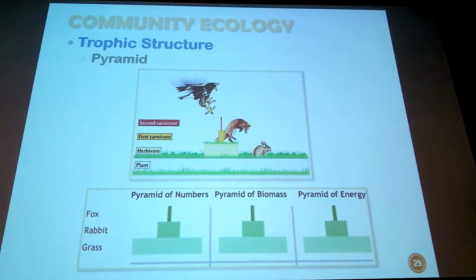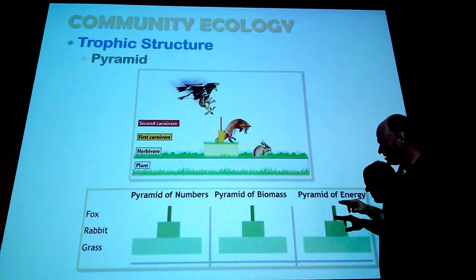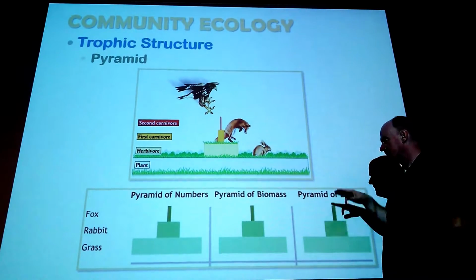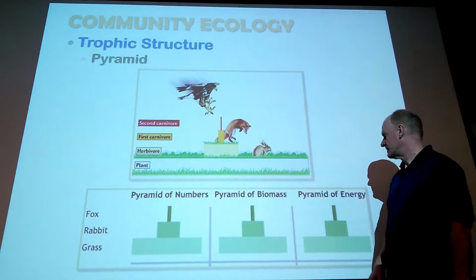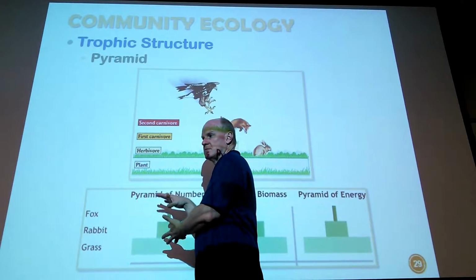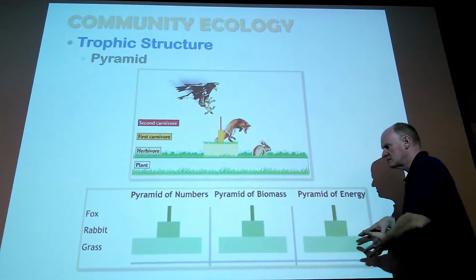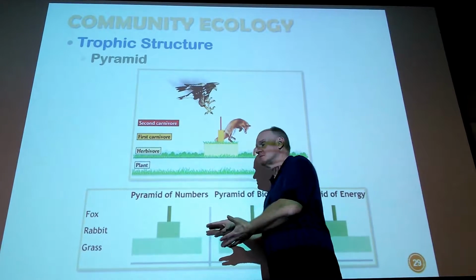Start with energy. Again, you have so much energy, most of it tied up in the producers. 90% is lost from one level to the next. The other 90% lost from one level to the next. Well, with the energy, you're only going to support X number of organisms. So let's say with all this energy, I can support 1,000 grasses.